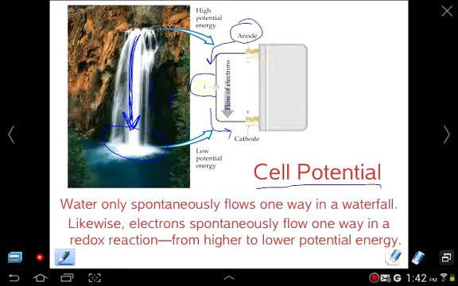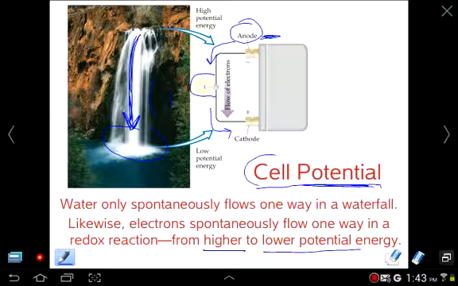Likewise, we can do the same thing with our battery, our electrons. So this is an analogy, even though different forces are involved. What we're doing is flowing from a higher to a lower potential energy in both the waterfall and a battery, and that's what we call these cell potentials.